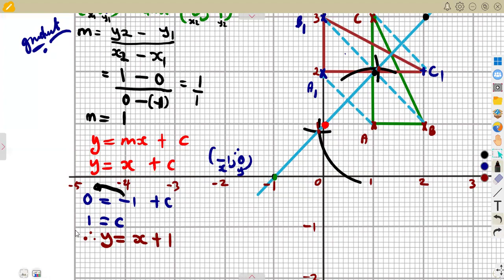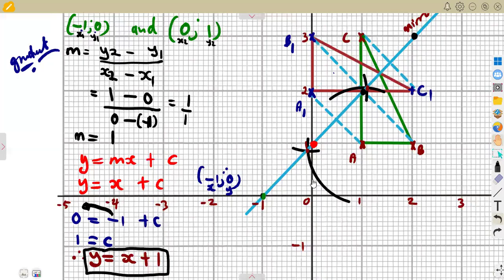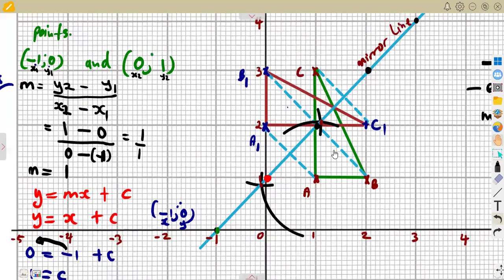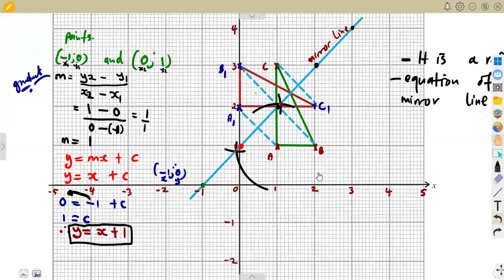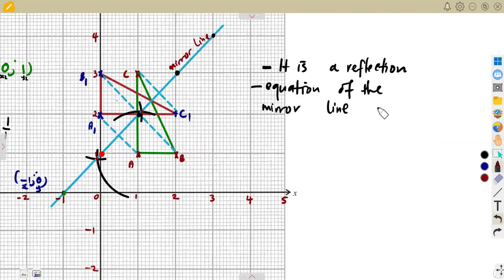As you can see, it is exactly the same equation that we had before when I was demonstrating by the movement. So that is how you can determine your equation. So having the equation, we can conclude that the equation of the mirror line is y is equal to x plus 1.